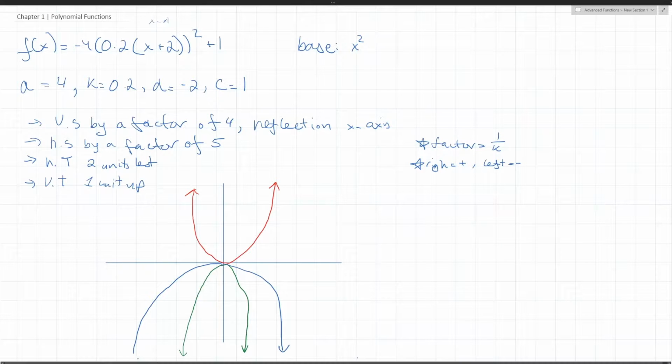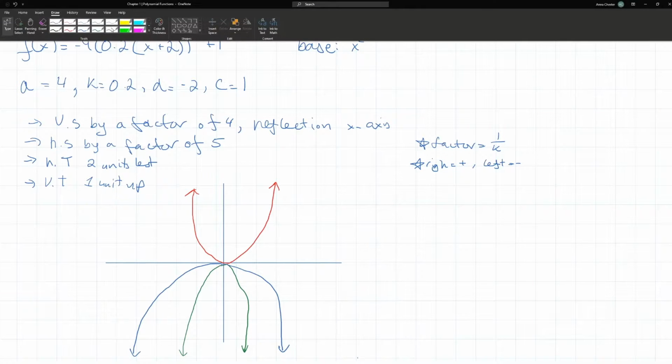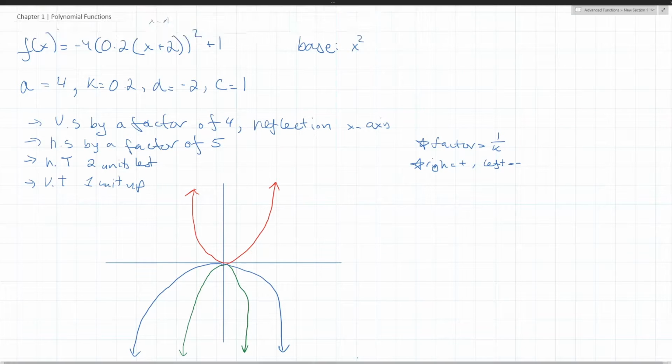Again, these are not symmetrical, and they definitely should be whenever you're doing this. Then we have our final transformations, which you could just combine: 2 units left and 1 unit up. So our final graph is something along the lines of this.